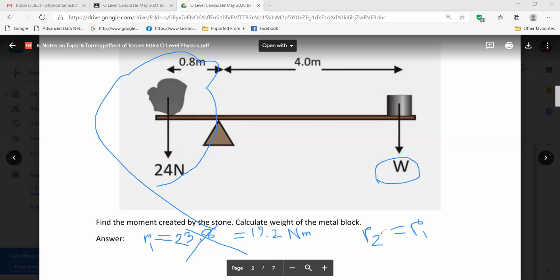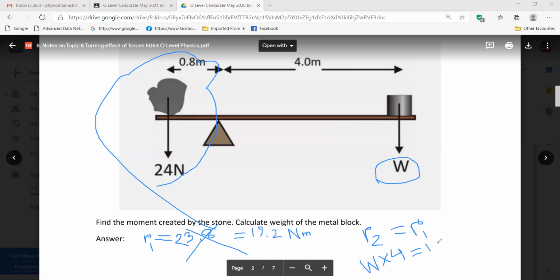Yes. And we can write here force and distance from the pivot, how much for R2? R4. Right, sir. 4, 4. Very good. So we can write here 4, right? Yes. Then we have 19.2 for R1.